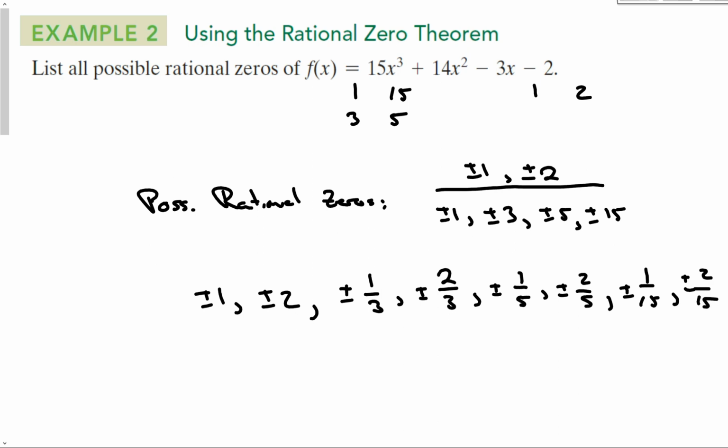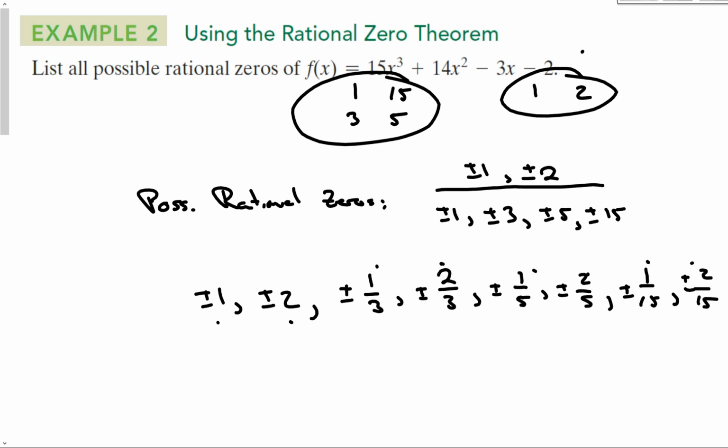Ran out of space there. But you can see that we have these two terms occur over 1, over 3, over 5, over 15, over all the factors of 15. So it's the constant term divided by the factors of the leading coefficient.